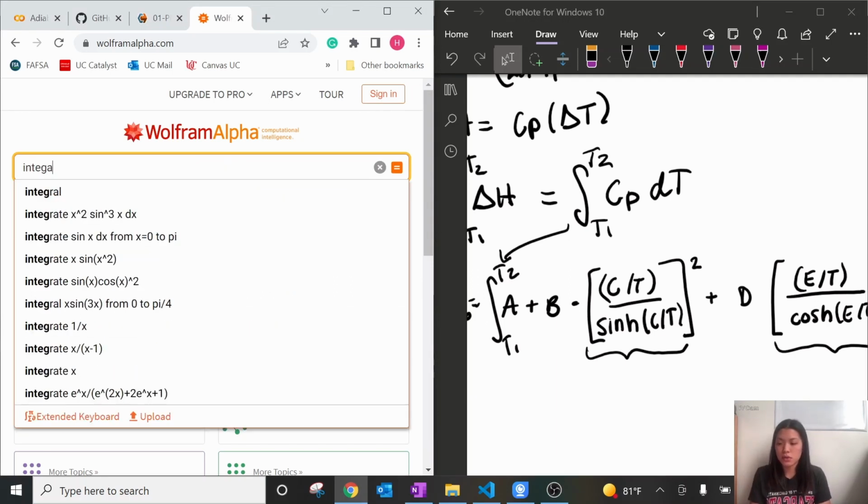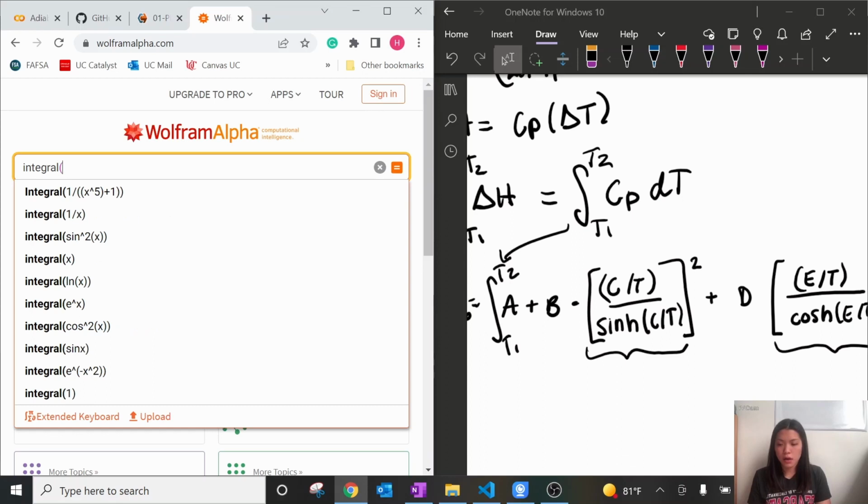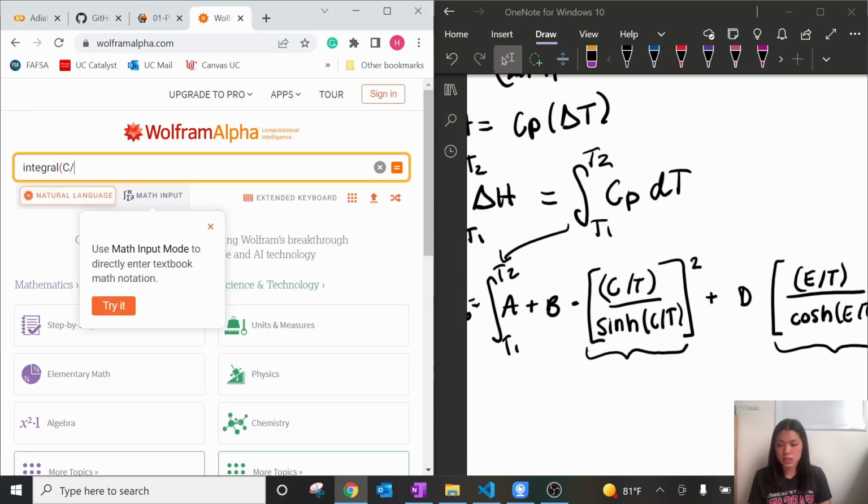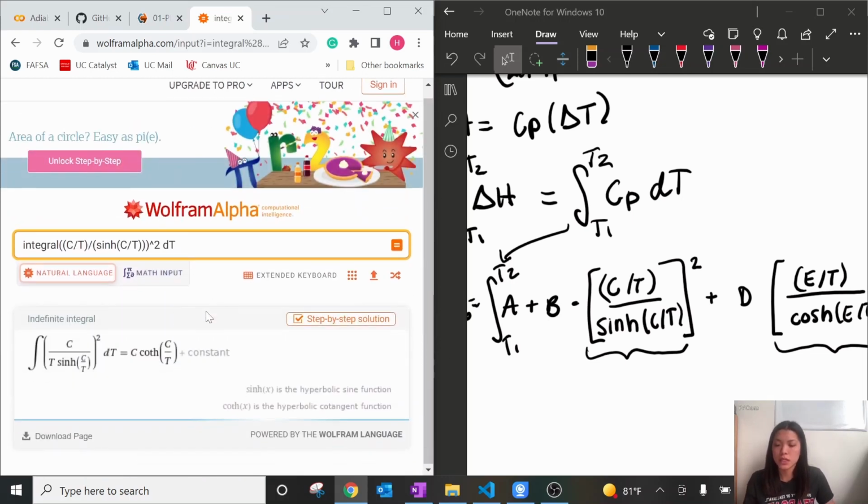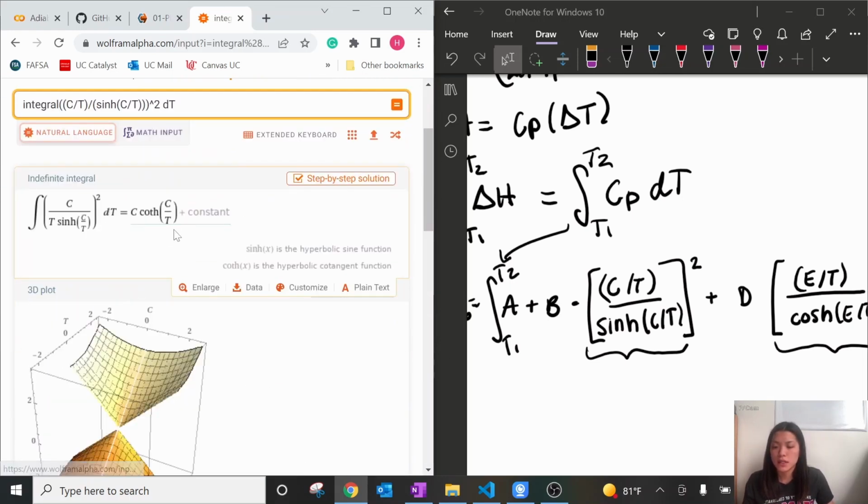So we're going to do the integral of C divided by temperature divided by the hyperbolic sine of C divided by temperature, that whole quantity squared, with respect to temperature. We're going to enter, and that will give us this equation here.